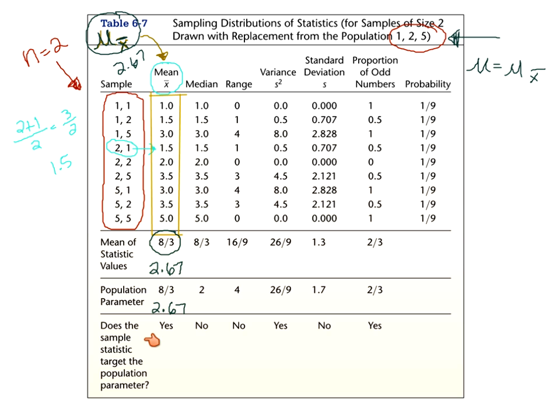So the question here says, does the sample statistic target the population parameter? Yes, definitely. The mean of our sample means ends up being the same as the mean of our population. So in real life, your population is not going to end up being 3, but you kind of get the idea. You are going to have a large population, which you can't look at.